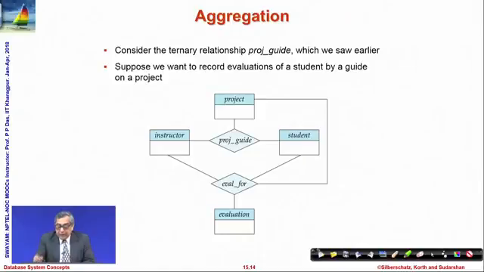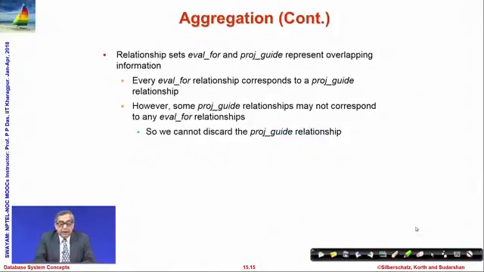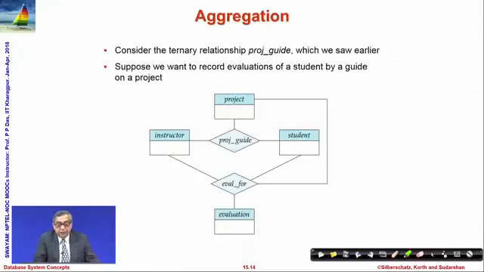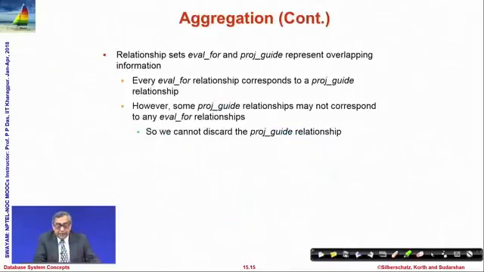Now, the question is, how do we represent this information? The relationship sets eval for and project guide, the 2 that we saw, if we just want to recall once more: the project guide involves 3 of the entity sets, and the eval for relates to 4 of the entity sets. Now, every eval for relationship corresponds to a project guide relationship.